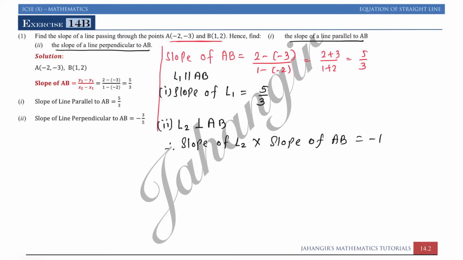As we had discussed, when two lines are perpendicular, the product of the slopes is minus 1. So let us say the slope of L2 is M2, into 5 by 3 is equal to minus 1. So therefore M2 is equal to minus 3 by 5. As you see, this slope is the negative reciprocal of the given slope. You can write it directly also.